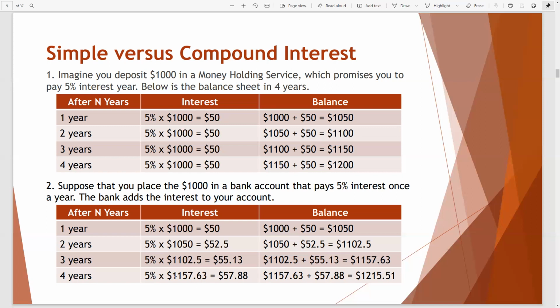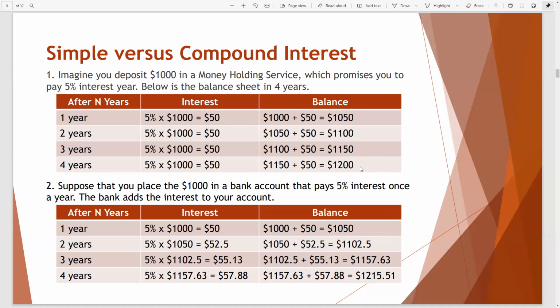And that's our new principal in year 4, 5% of it to get the interest, then add the interest to the balance of year 3. We get the end of the 4th year balance: $1,215.51.